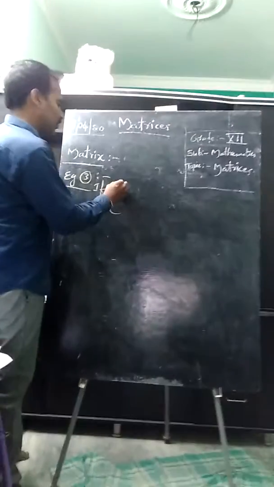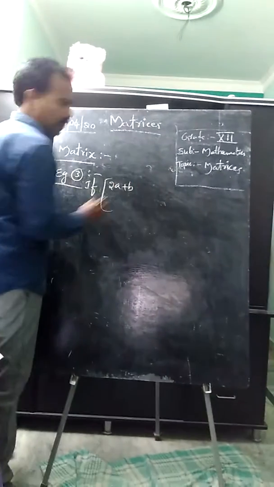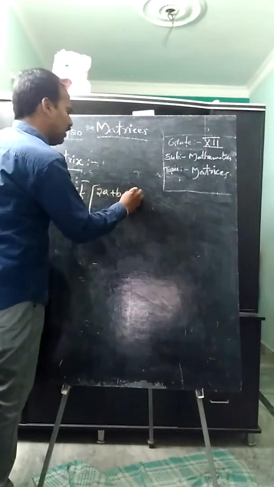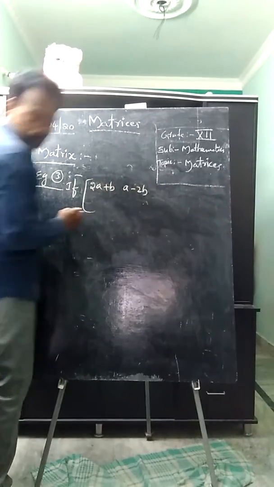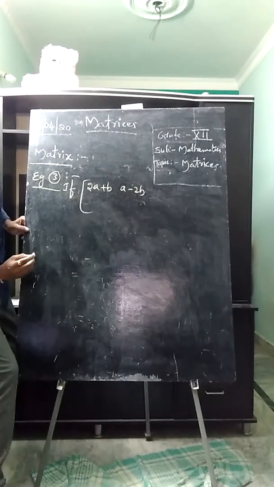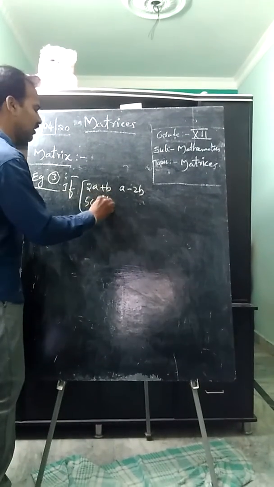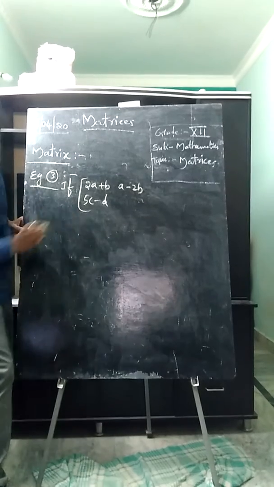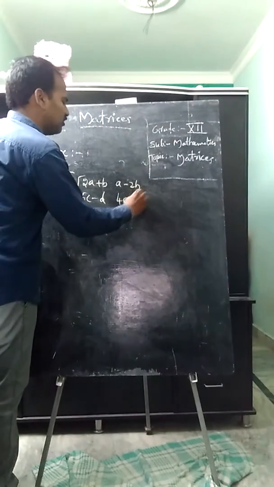If the matrix with entries 2a plus b, a minus 2b, 5c minus d, and 4c plus 3d is given.